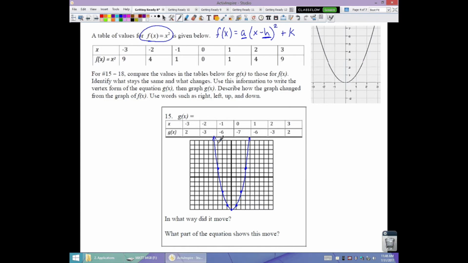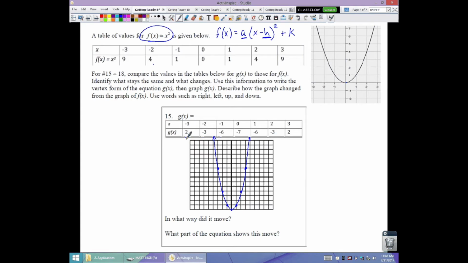What we see is it is just shifted vertically down 7 units. That vertex goes from being located at 0, 0 to 0, -7, right? And each of the y values is just 7 less than what we saw from the parent graph.